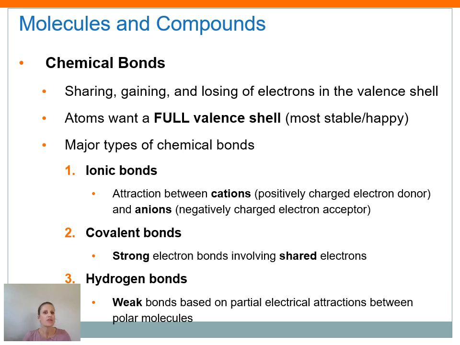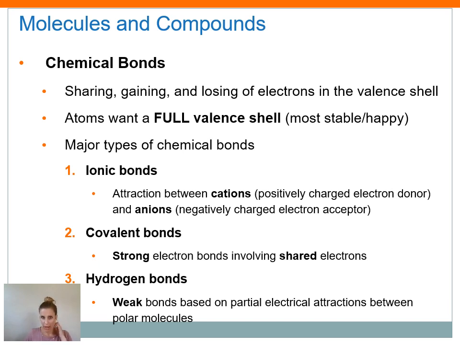So let's talk a little bit about these chemical bonds. A chemical bond is the joining of 2 or more atoms to make a larger, more complex structure. Hey, this is how we are made. We're made of lots and lots and lots of chemical bonds, joining together trillions of atoms until we have these large things that are visible and tangible.